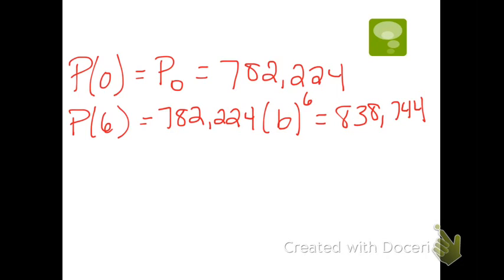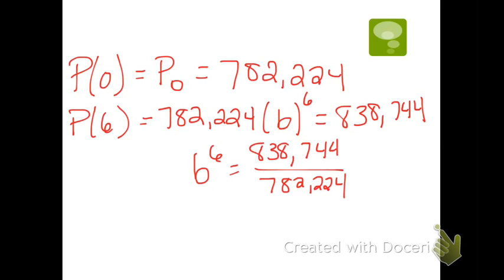So using this second equation here, we can solve for b. We're going to divide both sides by P sub 0. And then we need to take the 6th root, and luckily we don't need to worry about any negative roots here.